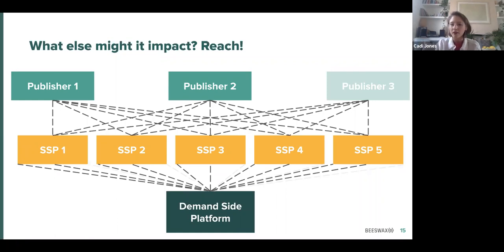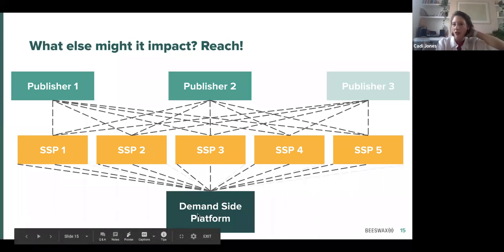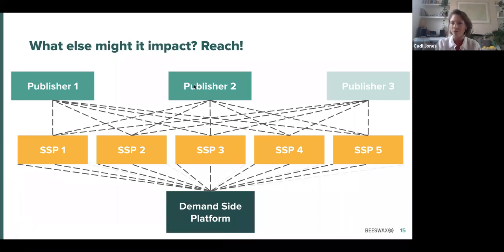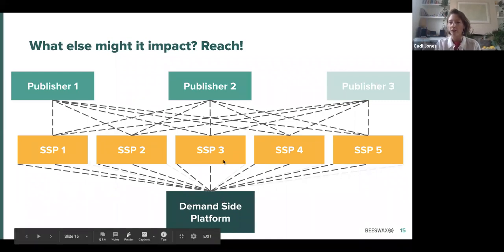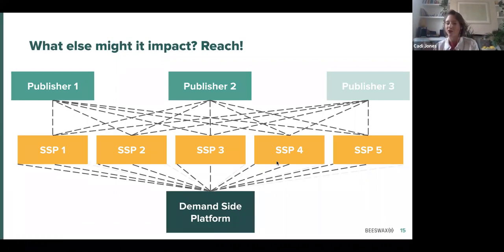So in some scenarios, you might see that if lots of the customers of a particular demand side platform were buying a lot and were bidding very frequently on publishers 1 and 2, but they weren't really bidding a lot on publisher 3, then the demand side platform might request of the SSPs that they don't send so much inventory from publisher number 3. Or publisher 3 might even say, well, we don't want you to make this available.